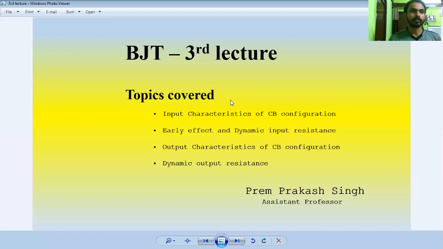It has different functions. In the first class we understood that it has an amplification function and a switching action. All these are done by the transistor. Okay, so now we'll move to our next part.